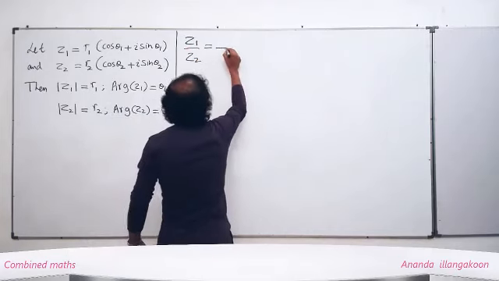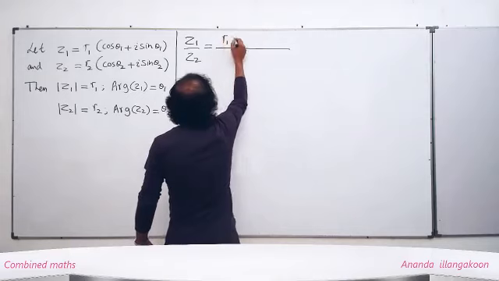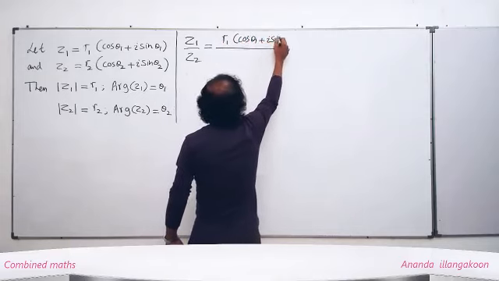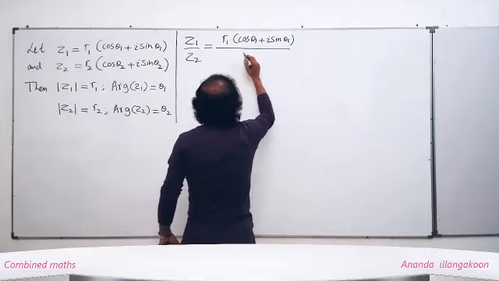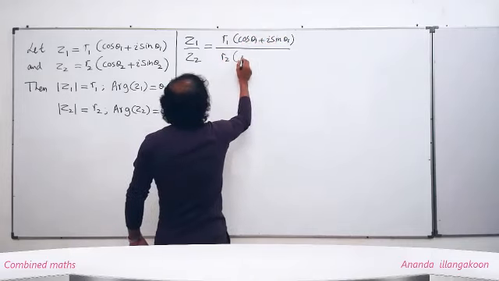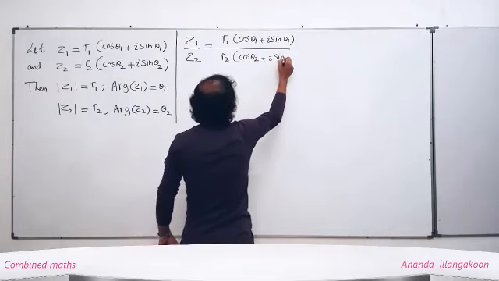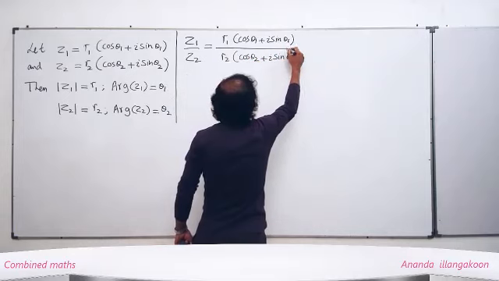Z1 is, people, R1 (cos theta 1 plus I sin theta 1). Z2 is R2 (cos theta 2 plus I sin theta 2). Like this.